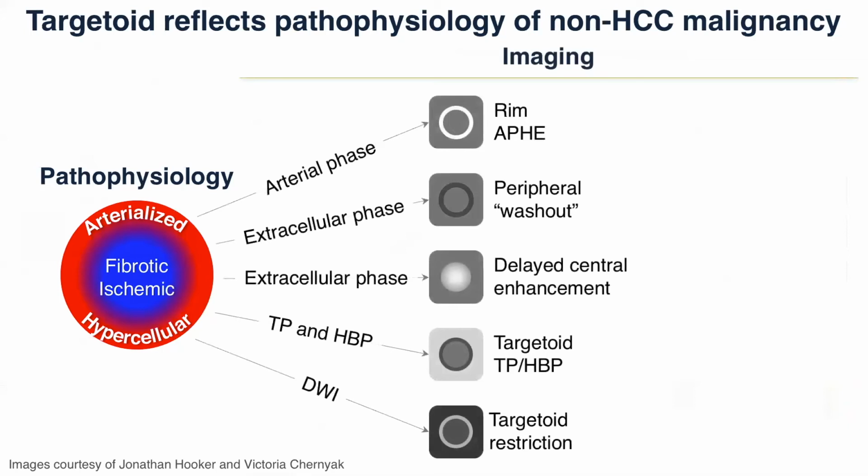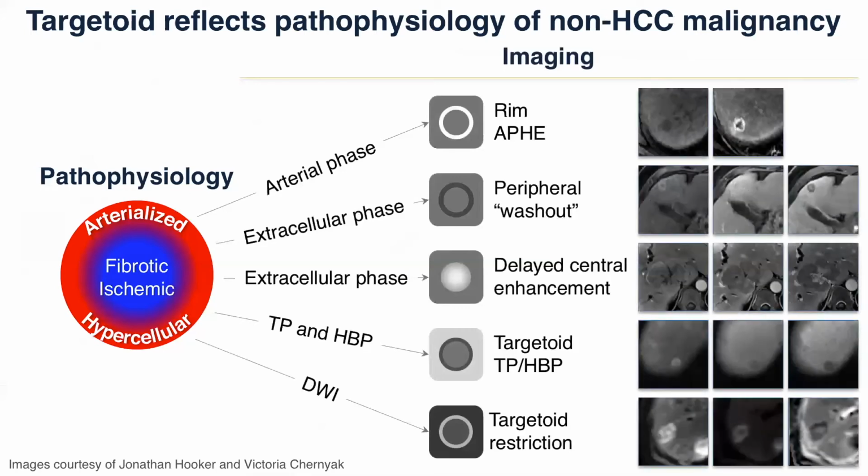If something is hypercellular on the outside, it tends to have restricted diffusion on the outside, less restricted diffusion on the inside, and that's targetoid restriction. Let me skip the rest in the interest of time, but the point is that the pathophysiology explains the imaging, and here are different imaging examples of rim APHE, peripheral washout, delayed central enhancement, targetoid appearance in the transitional phase, and targetoid restriction.